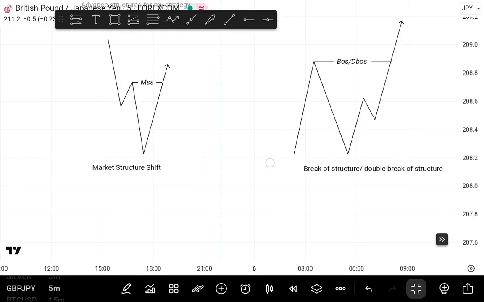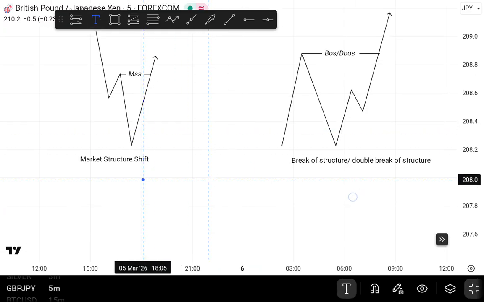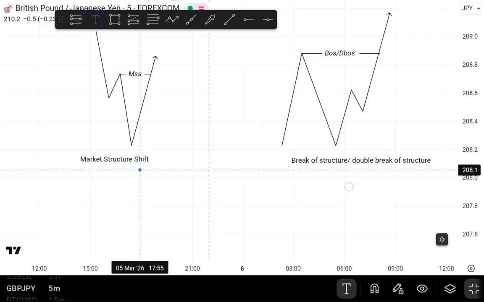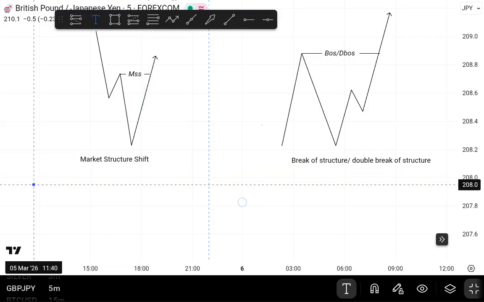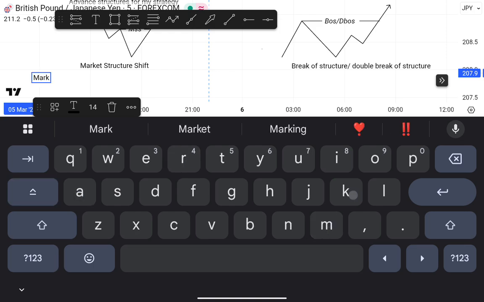So the purpose of market structure is that whenever I come to this chart and I'm seeing a market structure shift, it's telling me to take a reversal. I explained that in the previous video.